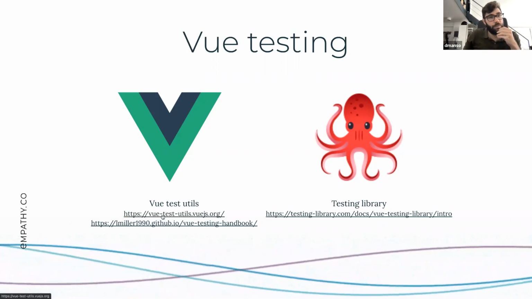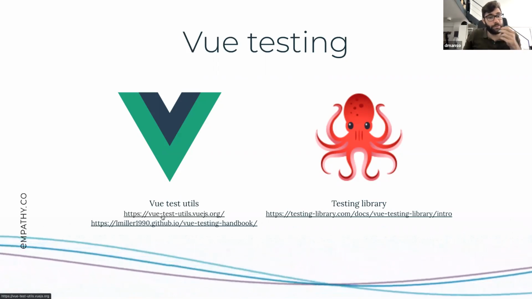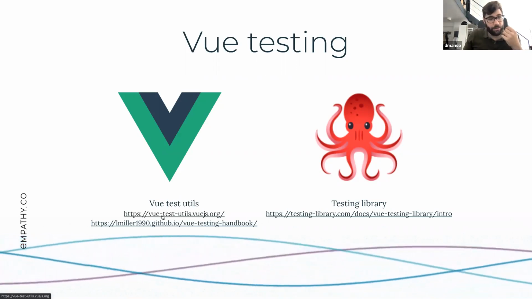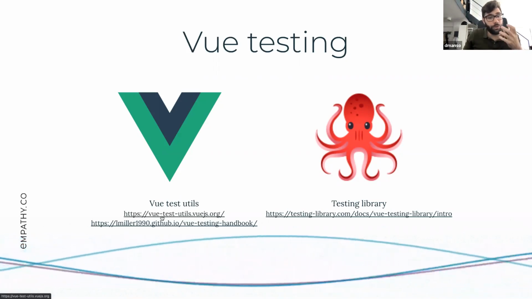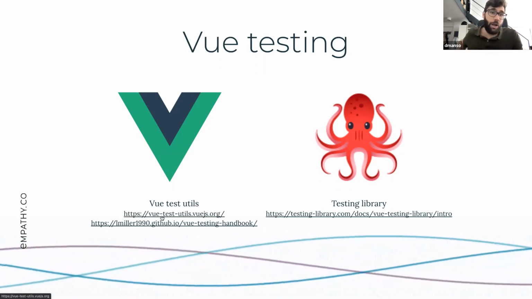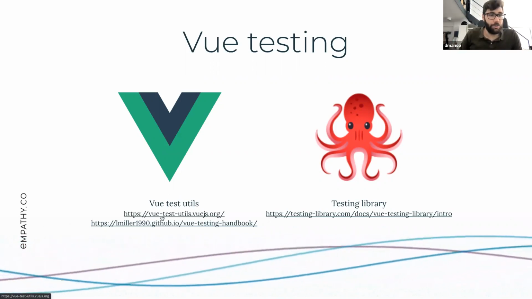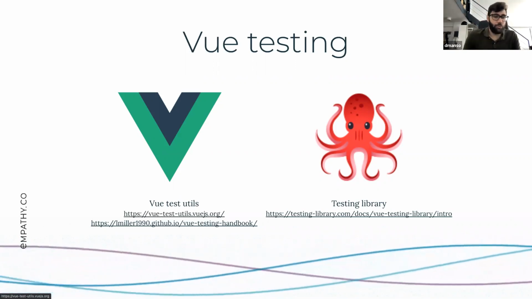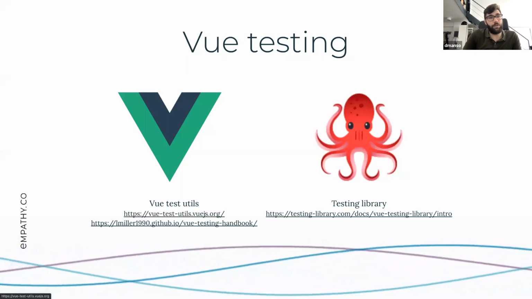It's a set of functions to simplify testing with these components. Basically, it provides a method to mount a Vue component, which returns a wrapper object, and this object exposes different methods to make testing easier, as we will see in the demo.